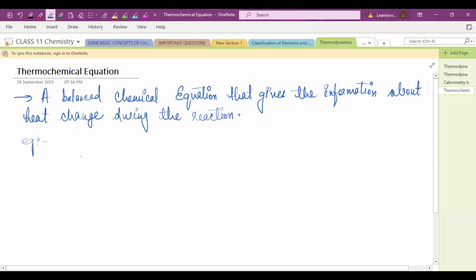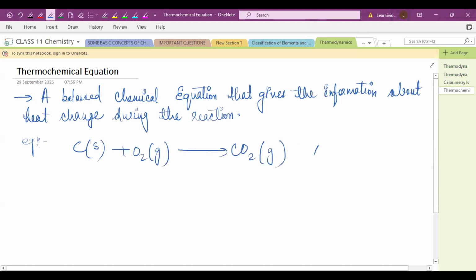For example, again we will take the same thing, carbon. Graphite plus O2, the combustion of carbon, which produces carbon dioxide gas.